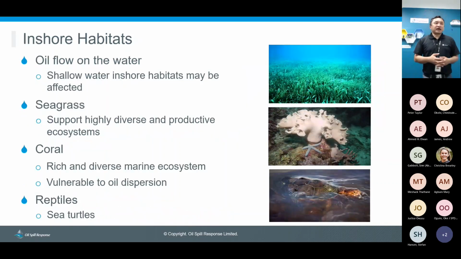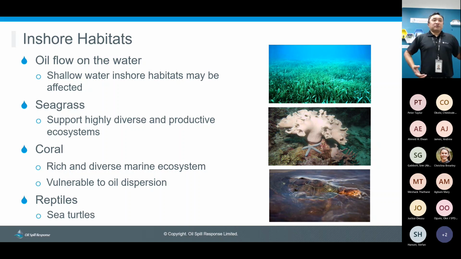In terms of inshore habitats, you would consider seagrasses and corals. These are highly diverse and productive ecosystems. Seagrasses and corals are highly vulnerable to oil dispersion, whether natural or through chemical dispersion.